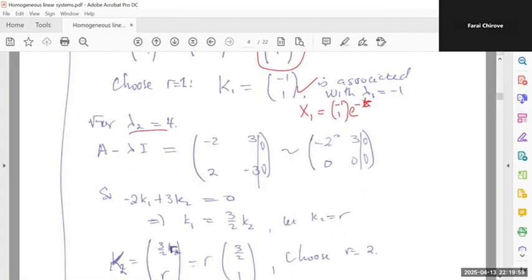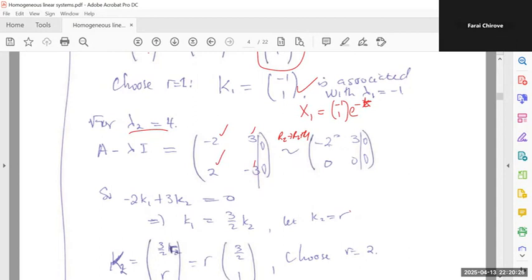Then we go to lambda equal to 4, and we are going to see that this matrix will now reduce to that matrix there. And you can just do row 2 goes to row 2 plus row 1, and you are done.